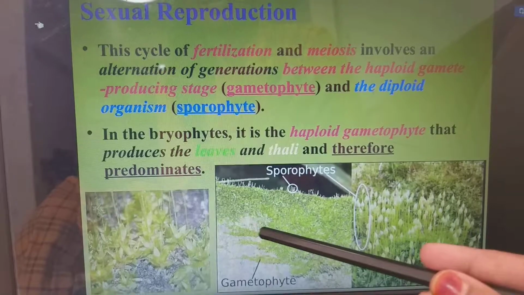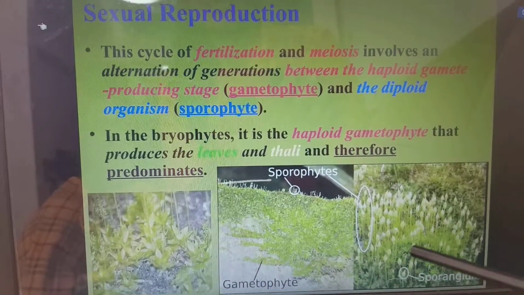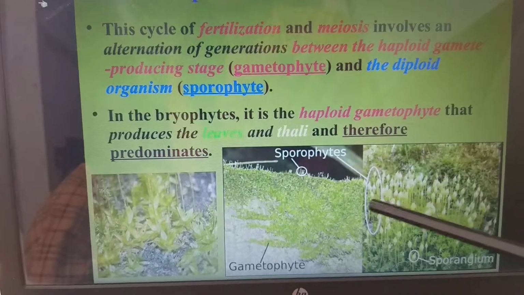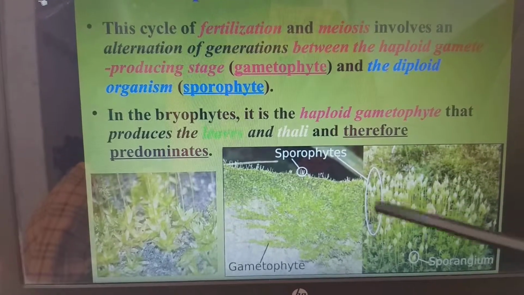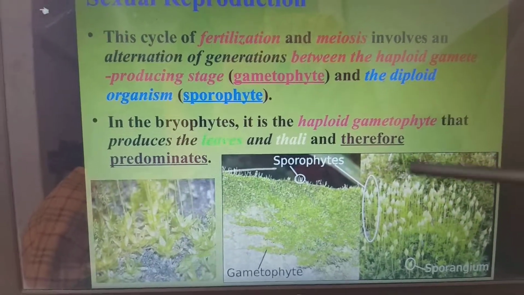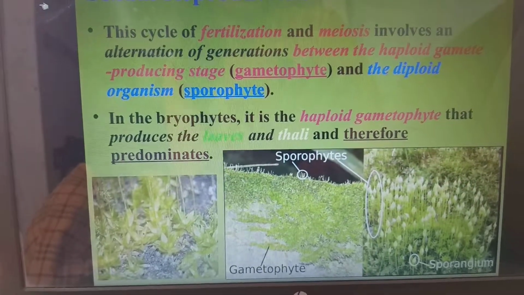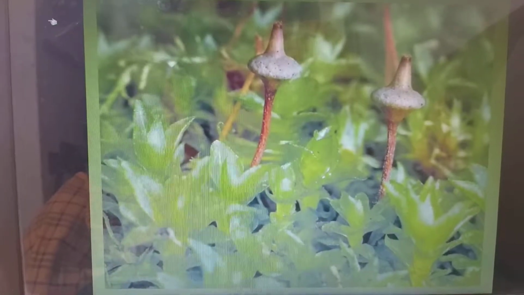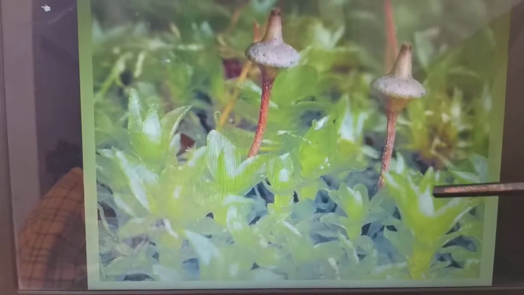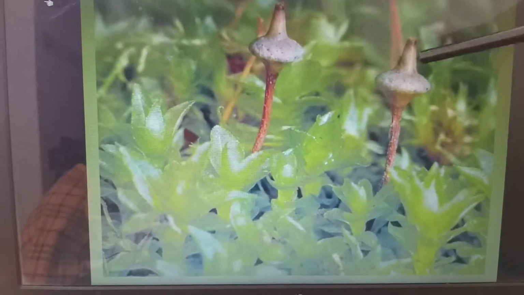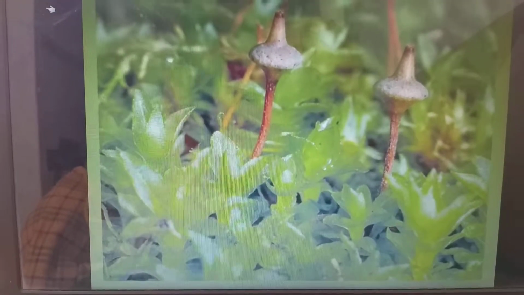So this whole green colored part is nothing but the gametophyte. The gametophyte bears the sporophytes, on which we have the sporangium, which will disperse the spores. Spores in turn lead again to the gametophytic stage. So these are sporophytes, these are gametophytes.